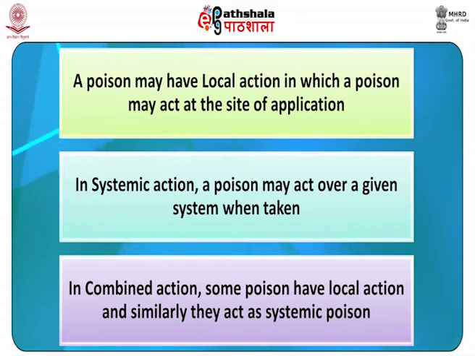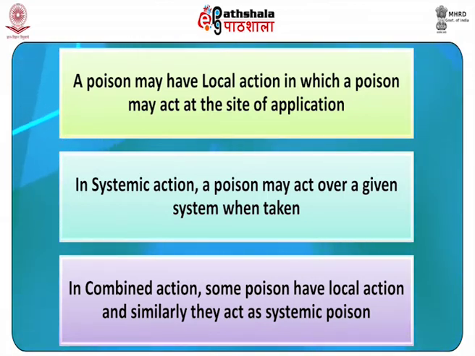A poison may have local action, in which it acts at the site of application. For example, application of concentrated sulfuric acid to the face produces chemical burns. In systemic action, a poison may act over a given system when taken.